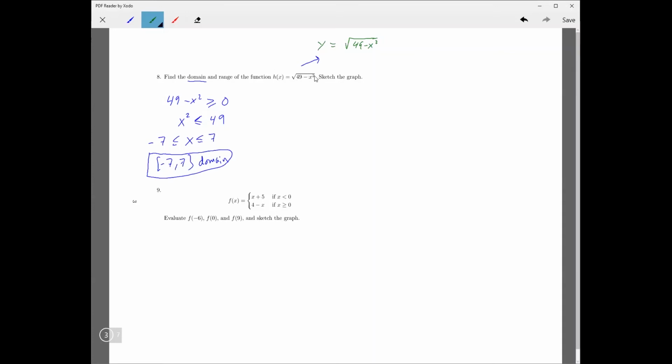Because whatever you have under the radical, this part right here, has to be greater than or equal to 0. Oh, okay, I see. Because you can't take the square roots of negative numbers in this class. Yeah, okay.